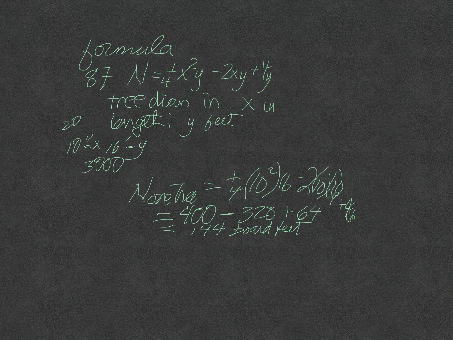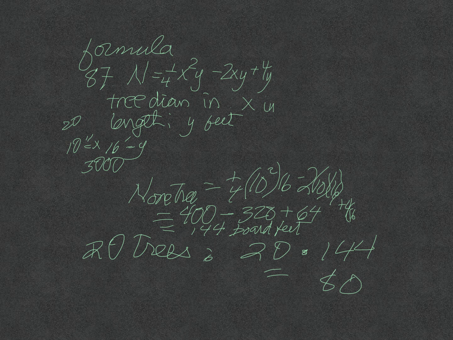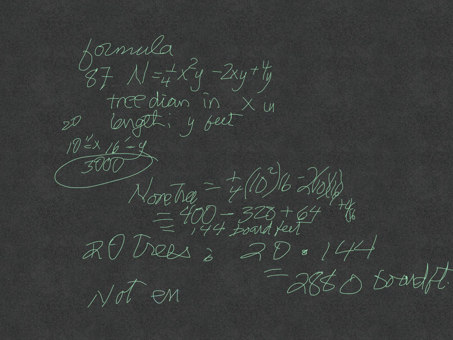And so if I have 20 trees of the same size, that means I have 20 times 144 board feet, which is 2,880 board feet. So, question, do I have enough lumber to fulfill the order of 3,000? And the answer is not enough lumber. All right.